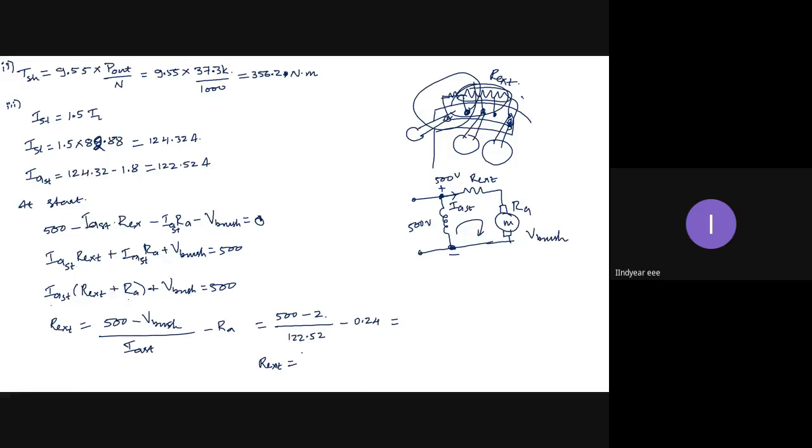So I need an external resistance of 3.82 ohms to limit the current to 1.5 times IL.